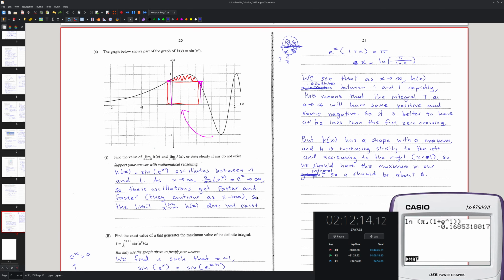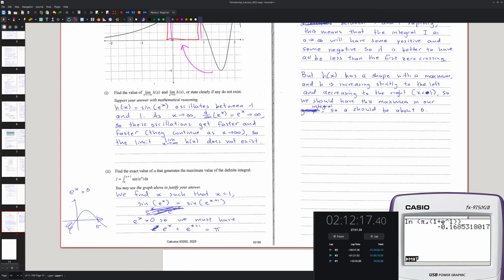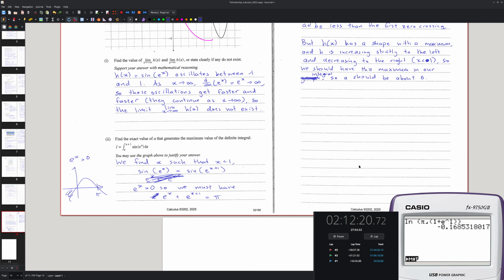And under these assumptions, we should then have, to maximize I, h of x equals h of x plus 1.